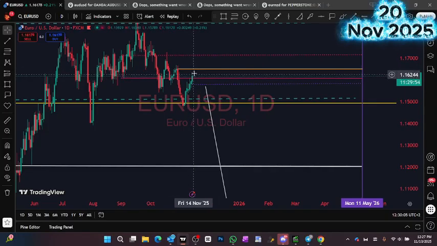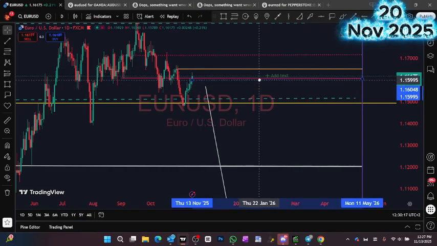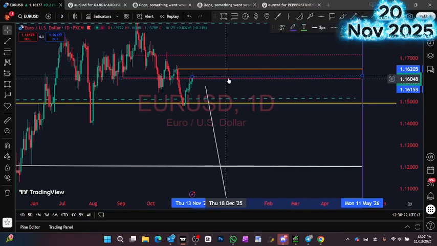If price closes without hitting, let's say it closes somewhere around here, I'll move my line and then another daily candle opens, then goes up. I'll move that line towards the bottom of that daily candle.